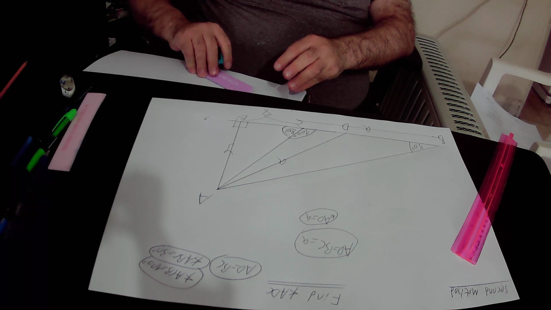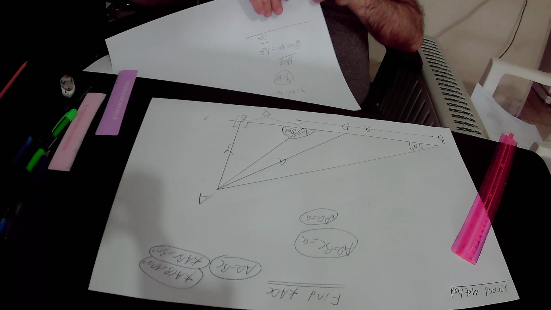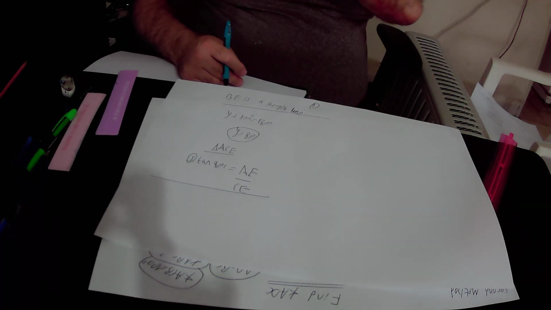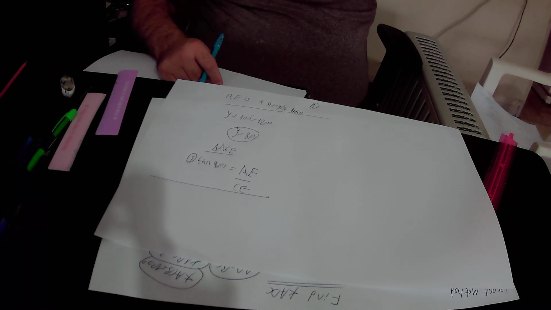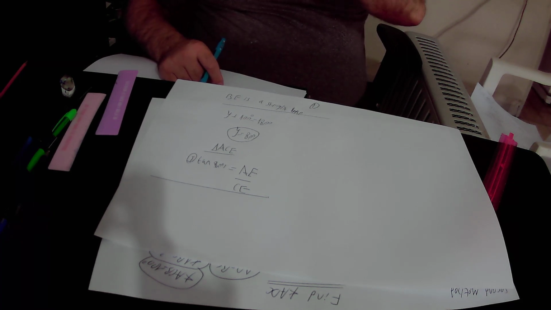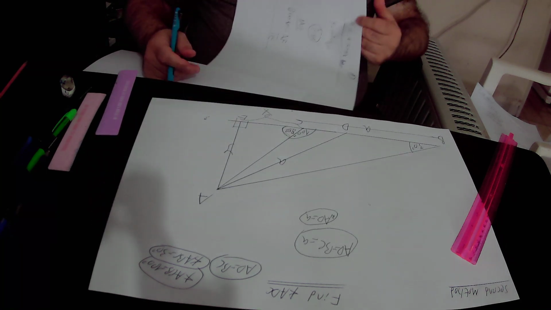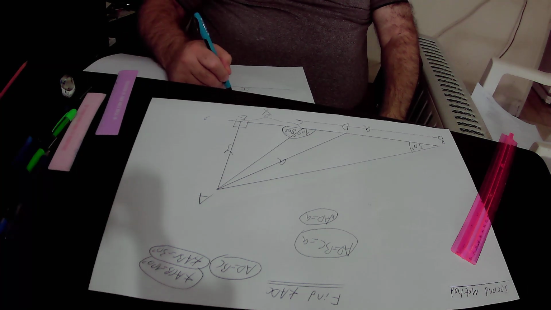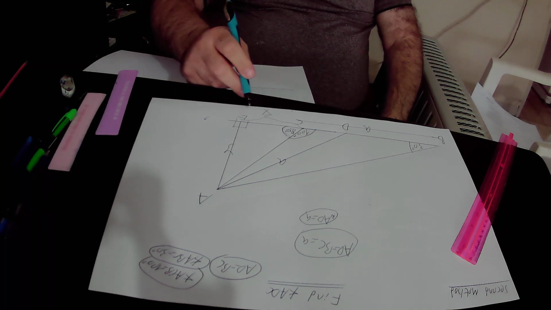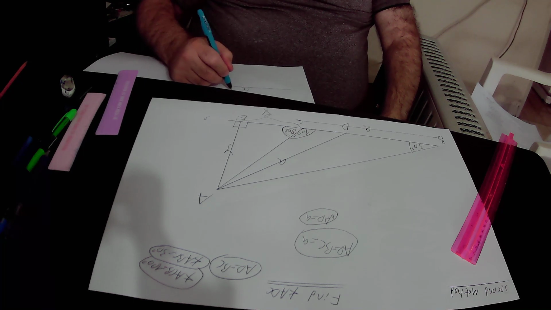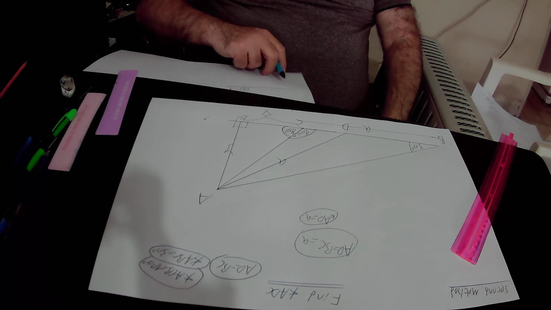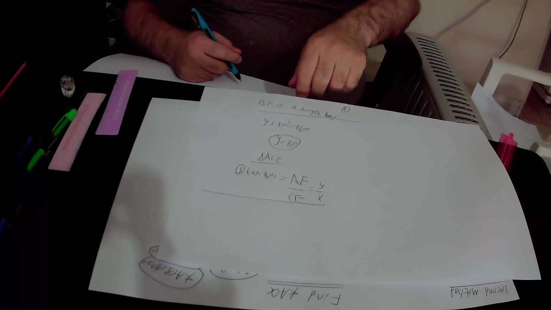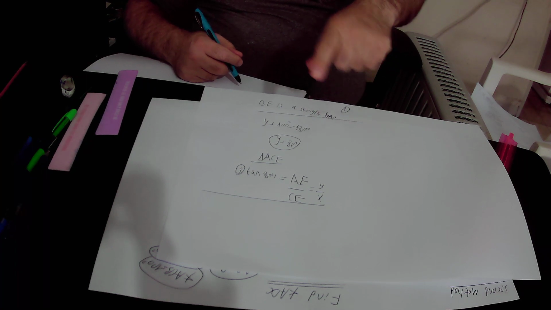I'll repeat again. In the right triangle ACE, we know that tangent 80 degrees equals AE over CE. But AE equals Y according to our definition, so we substitute AE by Y, and CE equals X according to our definition, so we substitute CE by X. So in conclusion, in triangle ACE, tangent 80 degrees equals y over x.